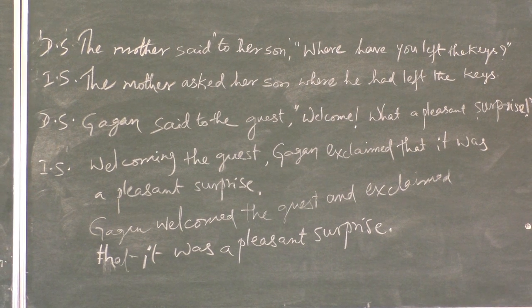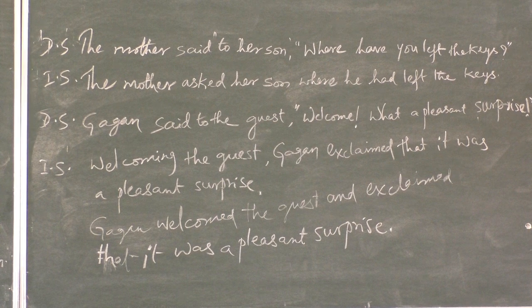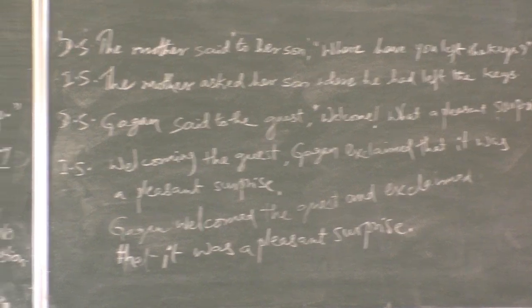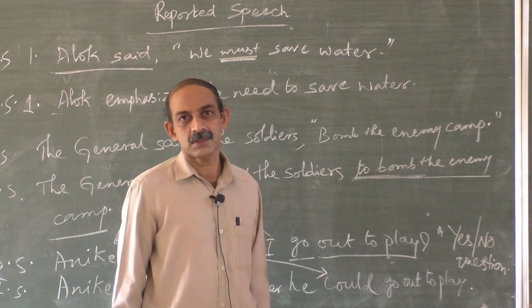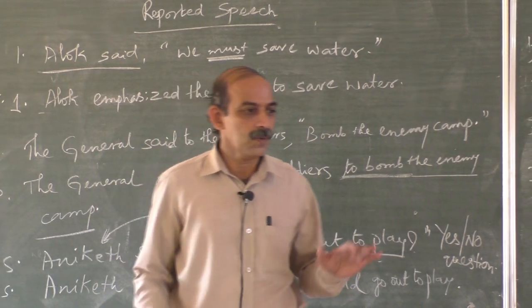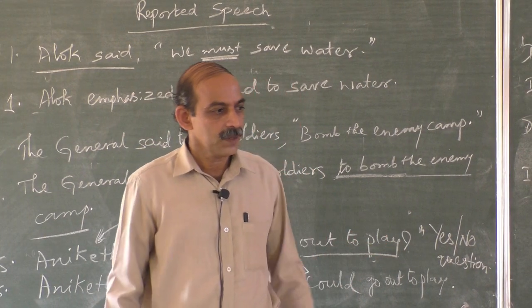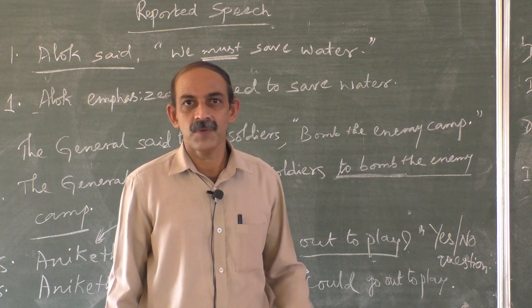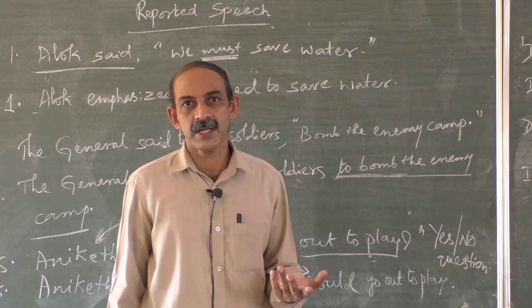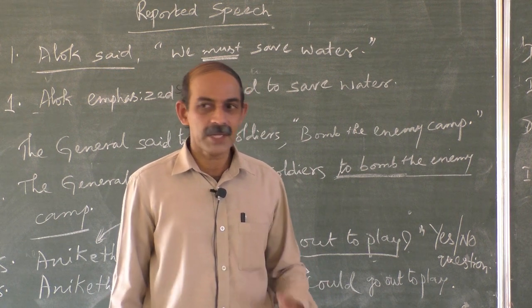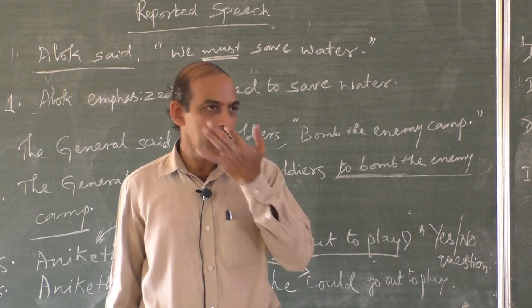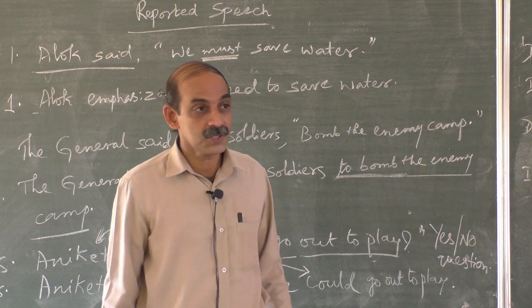So keep in mind that some sentences are available in our textbook, and for second PU students in the examination there is a 5 marks question which is taken from the text itself. Most of the time questions are from the "Sunny Morning", and sometimes the questions are even from other texts also.